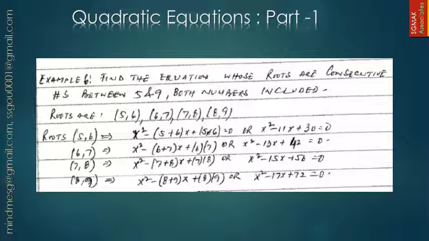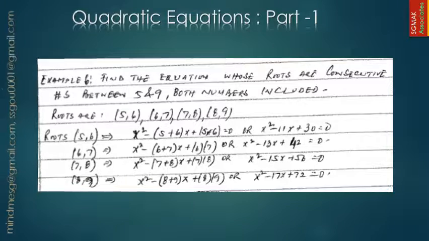So following that, when the roots are 5 and 6, the quadratic equation is x squared minus 11x plus 30 equals 0. 6 and 7 is x squared minus 13x plus 42 equals 0. And you get the idea. Roots 8 and 9, x squared minus (8 plus 9) times x plus 8 times 9 is the constant term, or x squared minus 17x plus 72 equals 0.